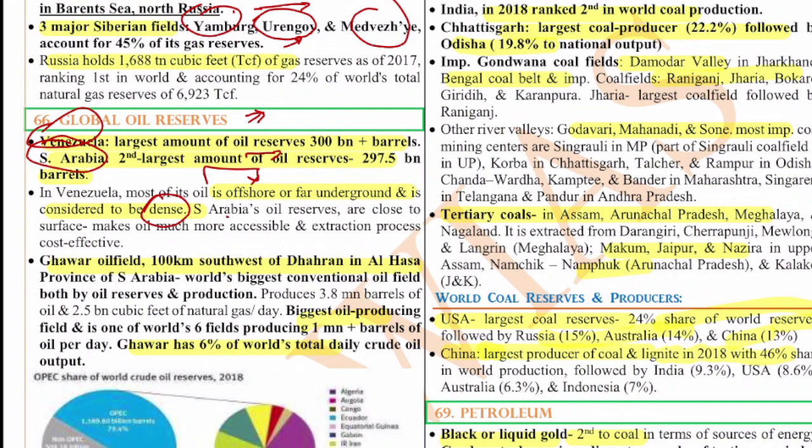But Saudi Arabia's oil fields are close to the surface, which makes oil much more accessible, and the extraction process is much more cost effective. That's why Saudi Arabia extracts more and sells more. The Ghawar oil field of Saudi Arabia is 100 kilometers southwest of Dhahran in Al Hasa. Just now we have seen all the major oil fields, right? So remember, Ghawar is in Saudi Arabia.